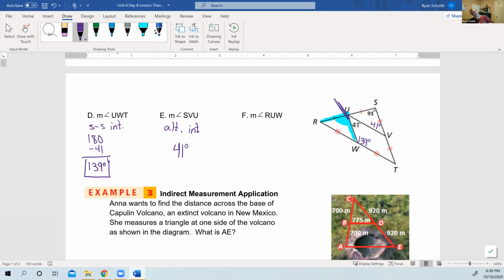Looks like I may have a pair of parallel lines here. And if this line is my transversal, so this line right here is my transversal.